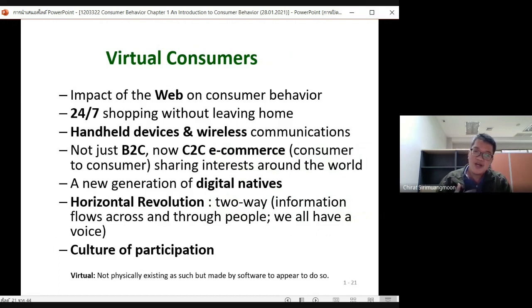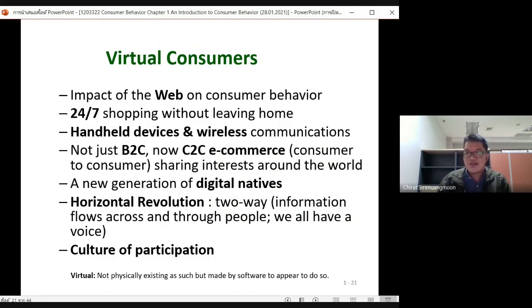Like you have products and then you sell to your friend. So it's like C to C. A good example is eBay or maybe Kaidi. That is second-hand product or maybe brand new, but linked directly from consumer to consumer.